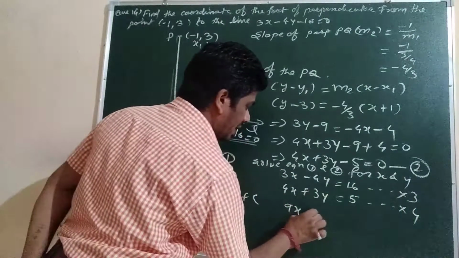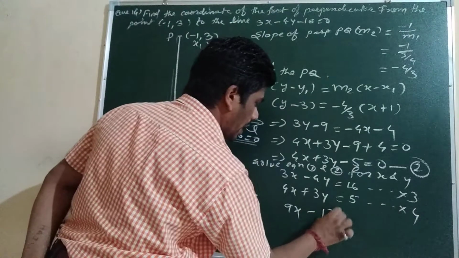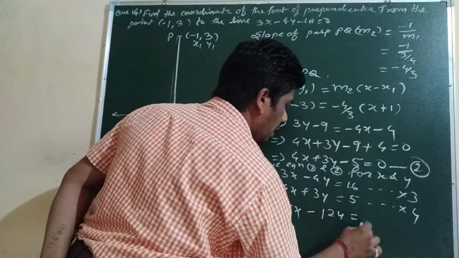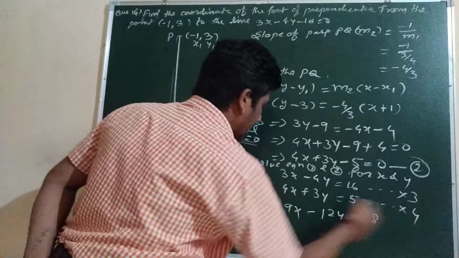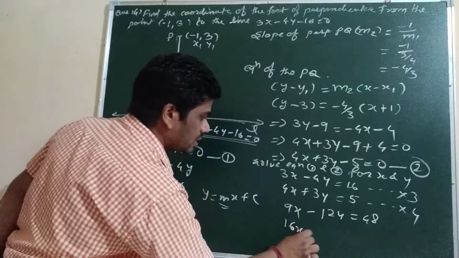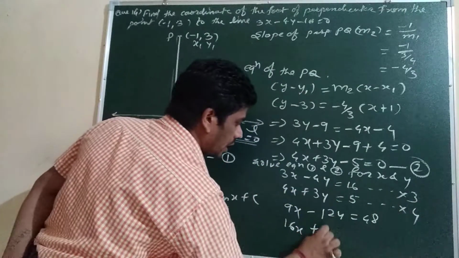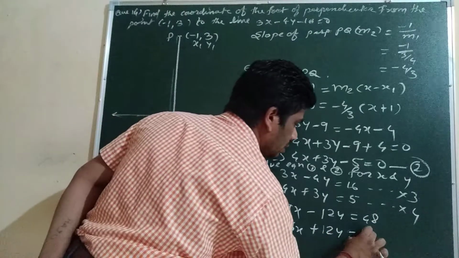Now minus 4 threes are 12y equal to 16 threes are 48. And here 4 fours are 16x plus 4 threes are 12y equal to 4 fives are 20.